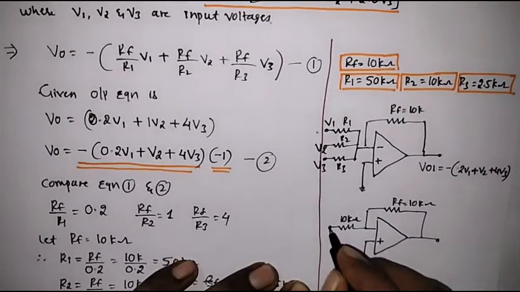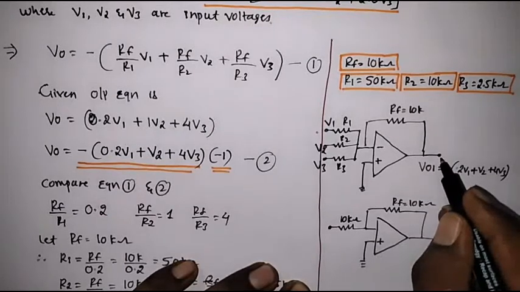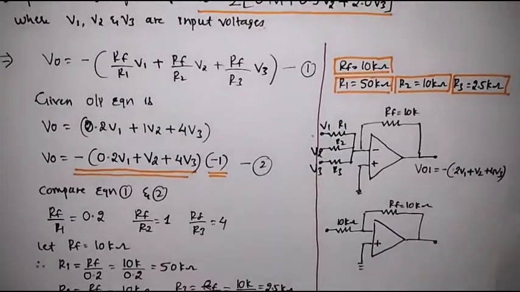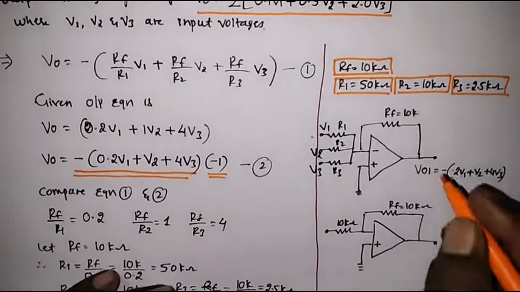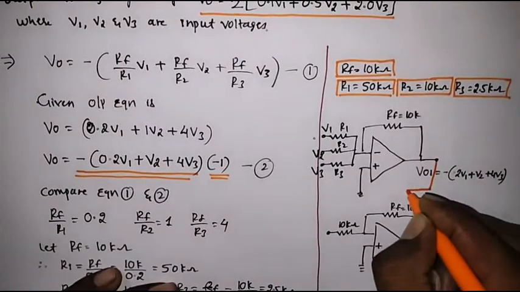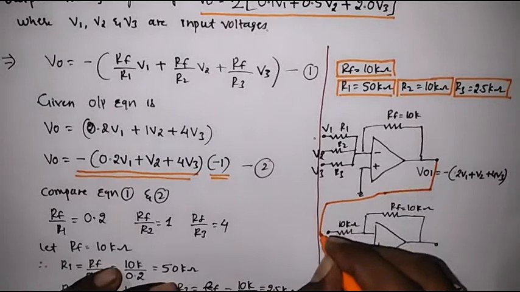The input for this is the output of first stage amplifier. So here the output of this is connected as input to this one.